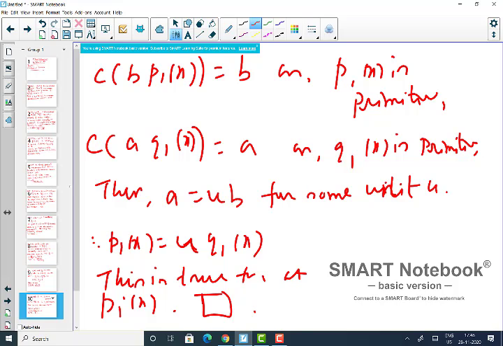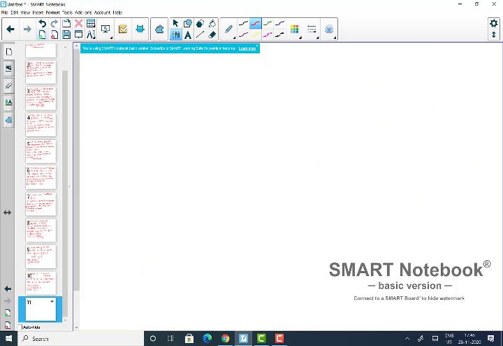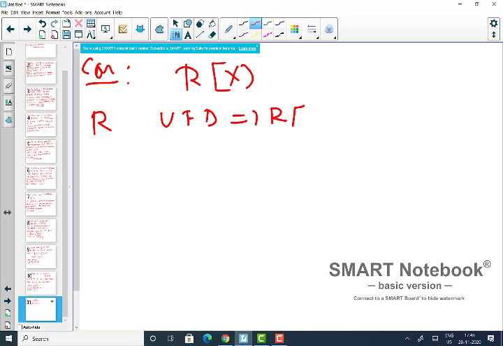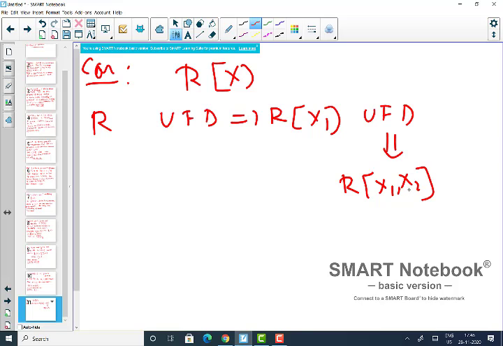So what you can say from this theorem, the important thing, is the corollary: if you start with R a UFD, then R[x1] is a UFD. So for one variable it is a UFD, and that implies in two variables also R[x1, x2], which is nothing but the polynomial ring of x2 over R[x1], and similarly so on, R[x1, x2, ..., xn].